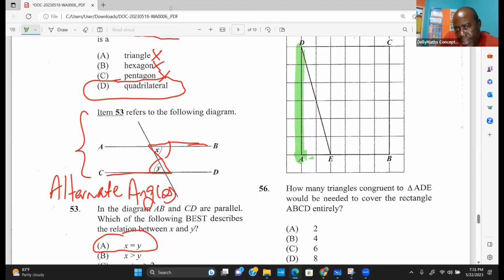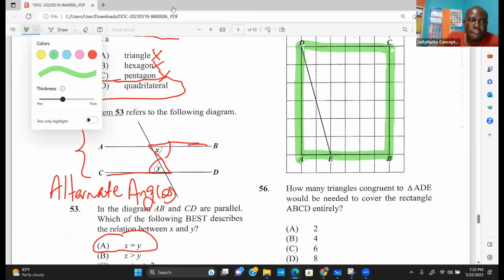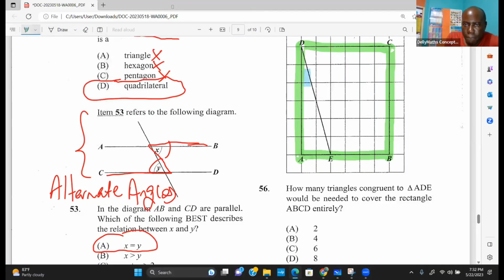This is the rectangle. And what they are saying is, how many of this triangle? And when they say congruent, they are saying same size and everything. How many of that could fit?